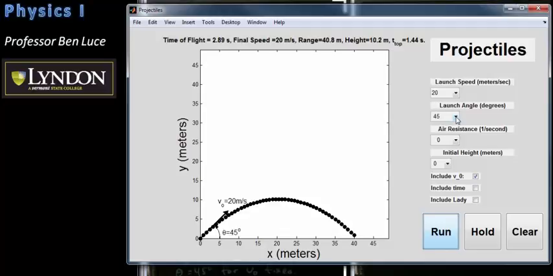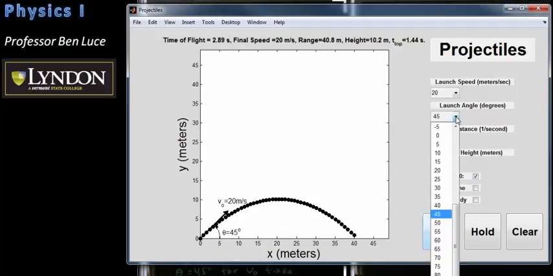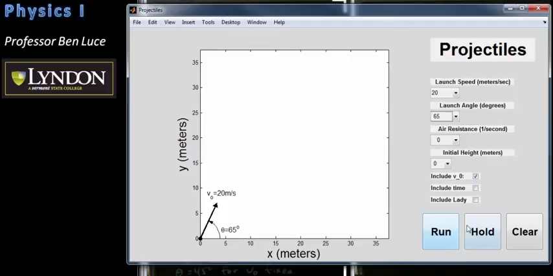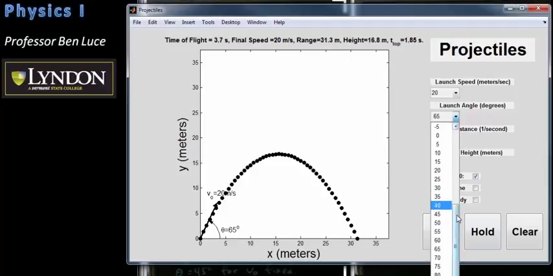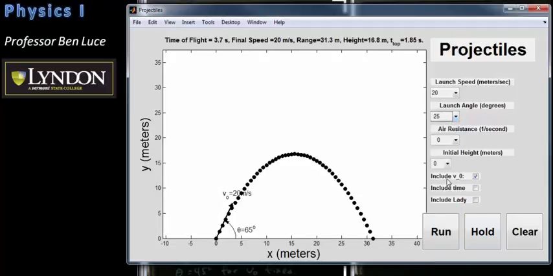So let's go up to 65. And hold that trajectory. And now let's go down to 20 degrees below 45, 25. And indeed, we see we obtain the same range.